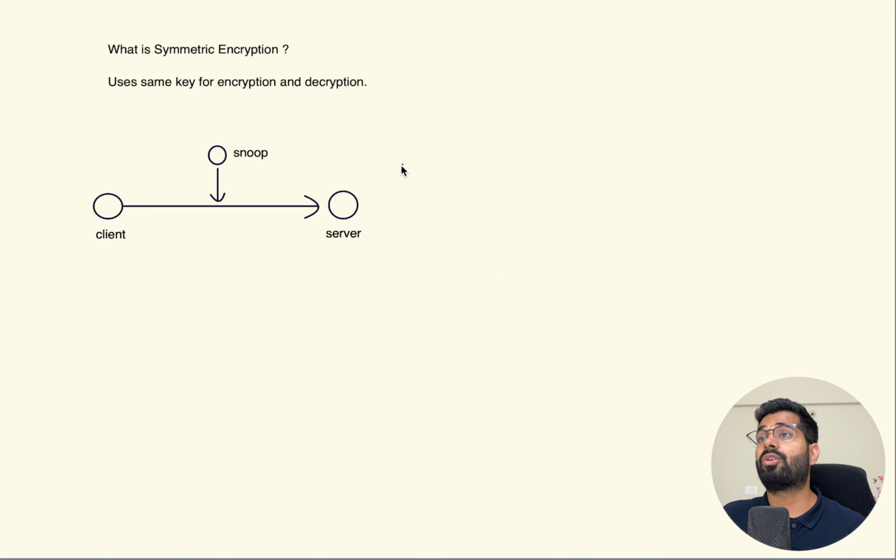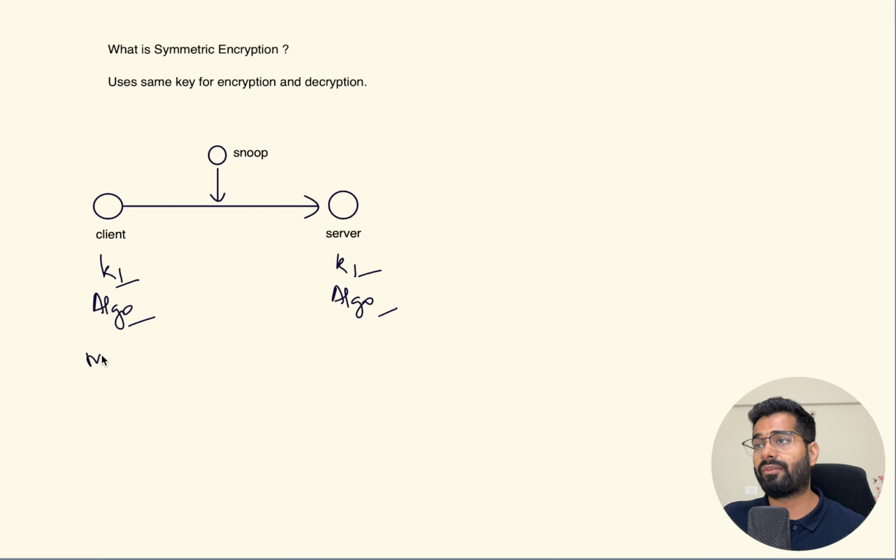So let's talk about how symmetric encryption works. One of the primary requirements of symmetric encryption is that the client and the server should use the same key. When you're using the same key and the same algorithm, any message that originates from the client should be encrypted with the same key and the same algorithm, and the same algorithm and key should be used to decrypt the message.